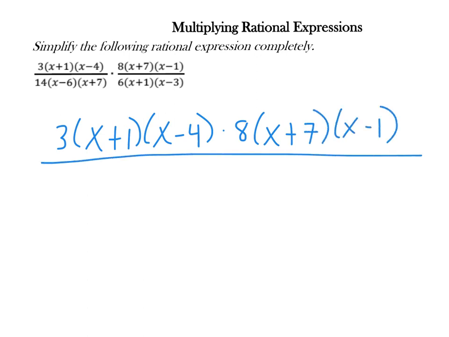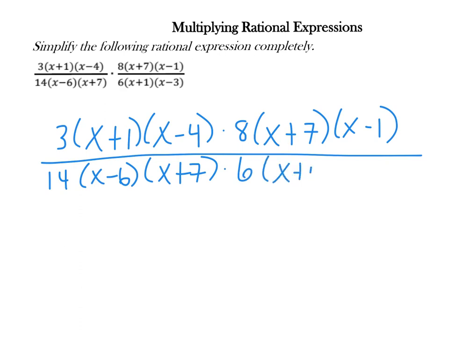In the denominator, I'm going to do the same thing and multiply everything together. I have 14 times (x minus 6) times (x plus 7) times (6x plus 1) times (x minus 3).